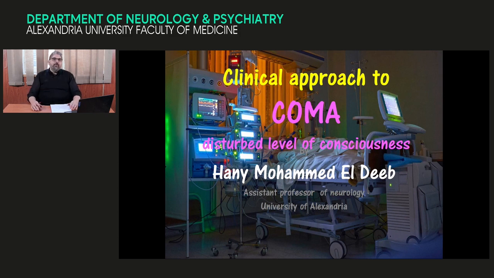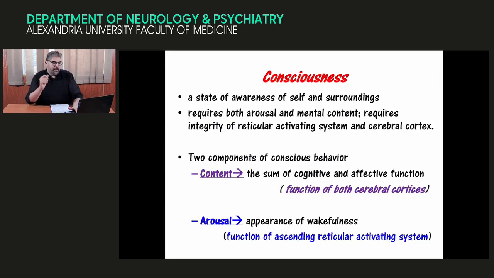So, to start with, we need some basic knowledge about consciousness: what is meant by consciousness, what are the contents of consciousness, and what are the items of the spectrum of disturbed consciousness, from a fully conscious patient to the state of deep coma.